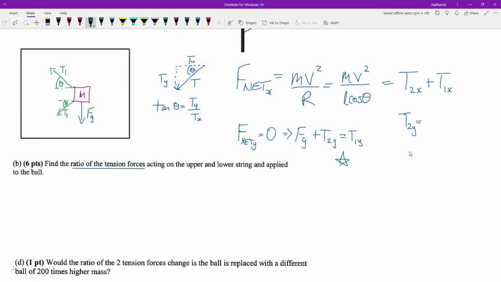T2y is T2x times the tan of theta, right? Can you see that rearrangement from here? To solve for the y, we multiply both sides by tan theta, and it shows up over on the left side. Okay, so that's the same thing for T1y. And the theta is actually the same, so we're nice, so that's good.